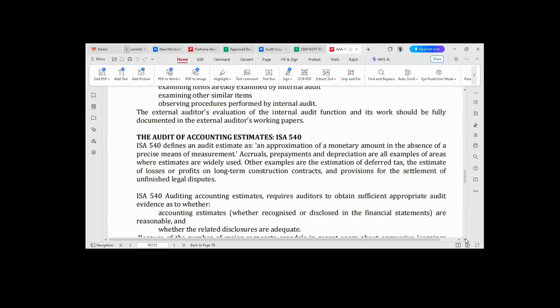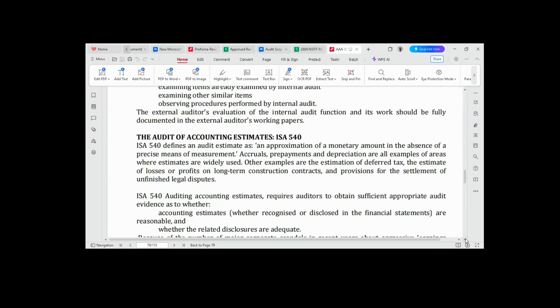Now, what the auditing standard says here is that there are so many aspects of the financial statement that pose risk, that pose fraud risk to the auditor, or that could result in material misstatement in the financial statement. And those areas where you utilize accounting estimates are in accruals, prepayments, depreciation, deferred taxes, construction contracts, contingent liabilities.